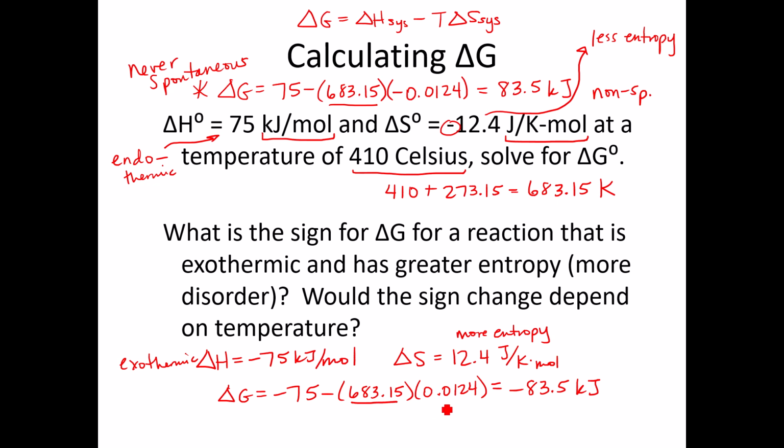So it's always going to be negative. So this would be always spontaneous at all temperatures. So we can look at the signs for delta H and delta S to determine whether a reaction would be never spontaneous, or always spontaneous, or perhaps depends on temperature.